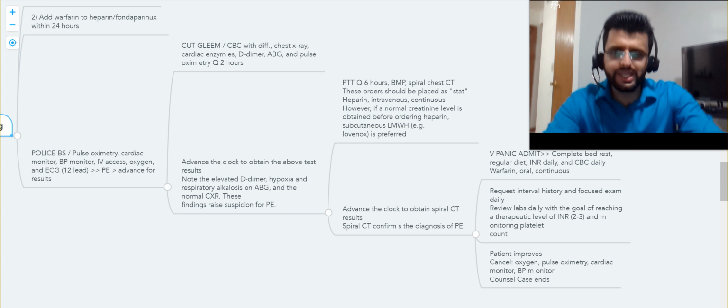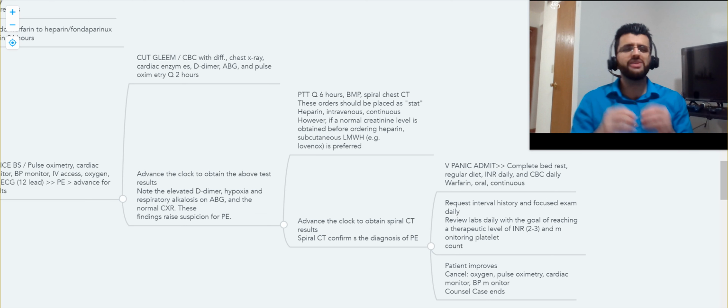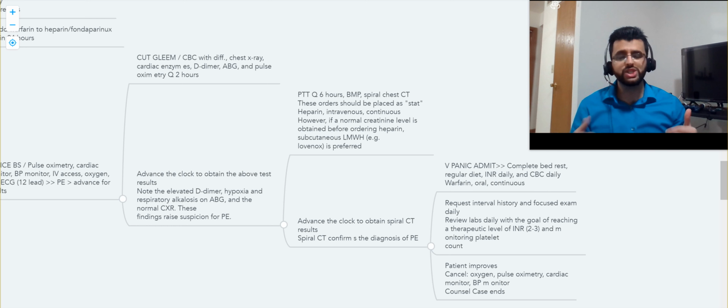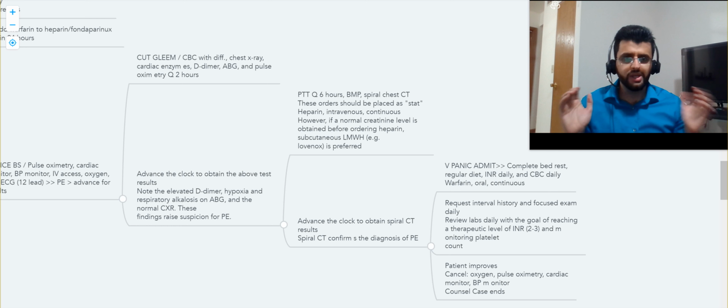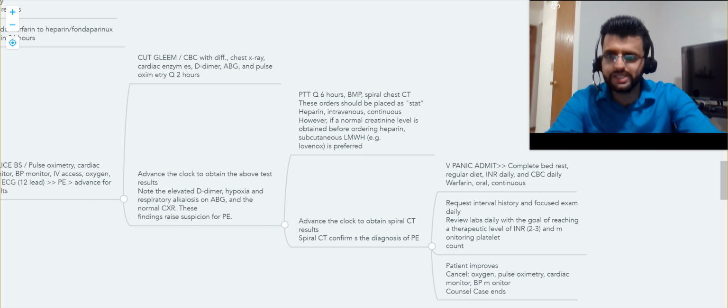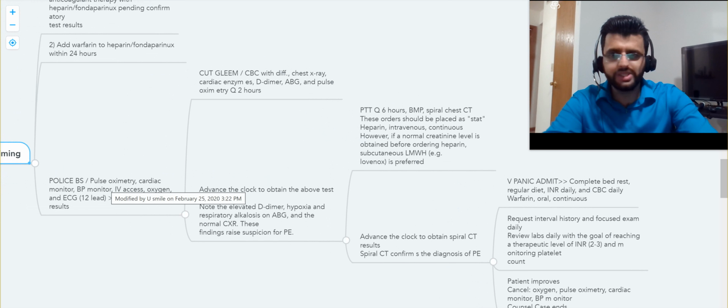If you look at the CCS cases, it's very interesting. A lot of the things are the same. There are two or three things specific to each case, and that's what our course is about: looking at what tests we ordered for each case. For example, in this case we did the same PO LICE BS.